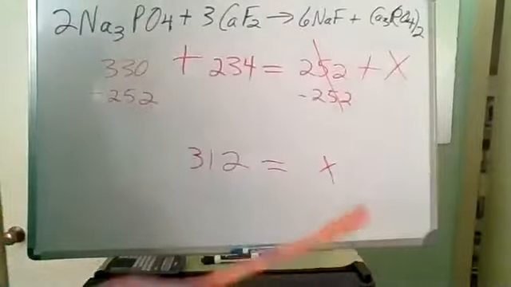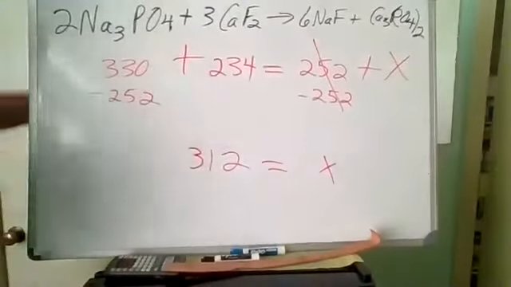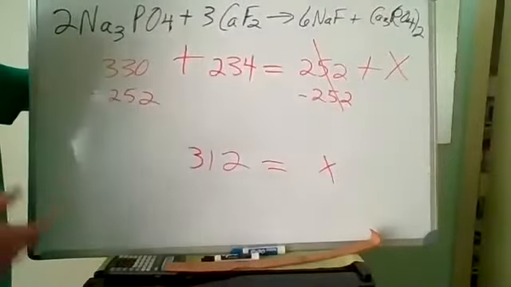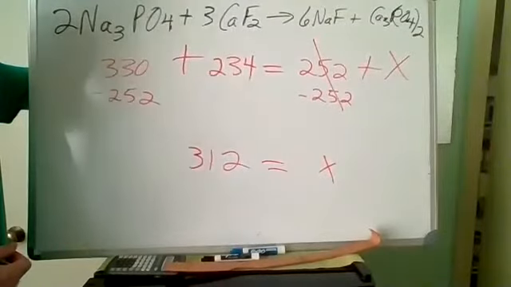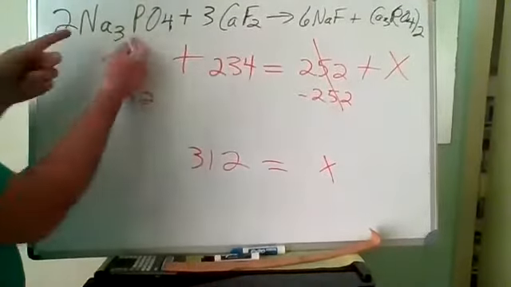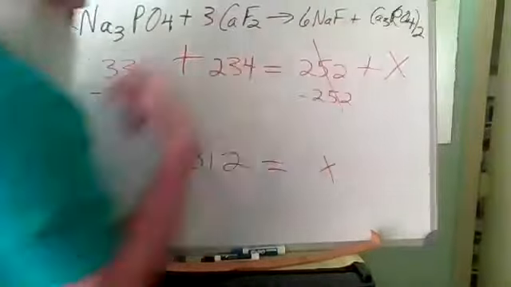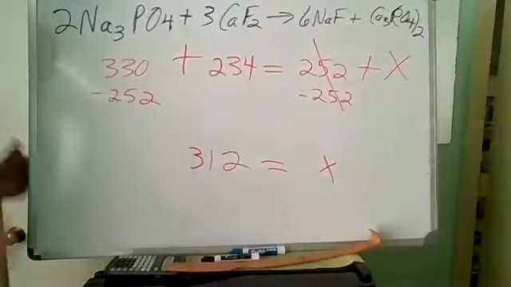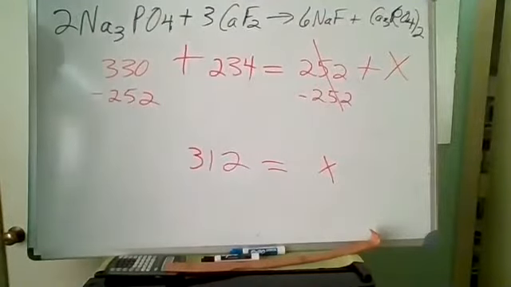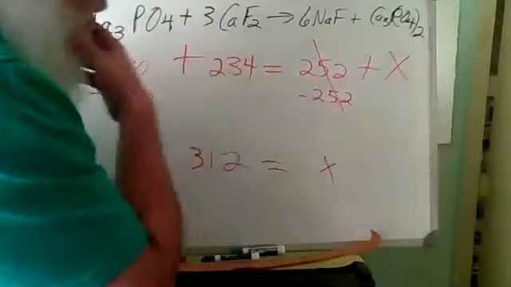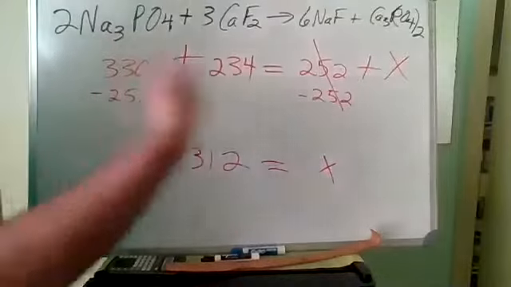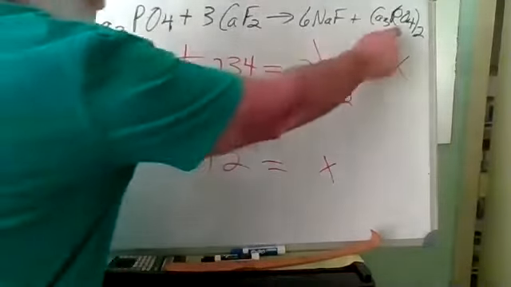Remember that in a physical change, the fundamental composition of the substances stays the same. Here I have sodium phosphate. I don't see sodium phosphate over there. So that clearly tells me this is a chemical change.